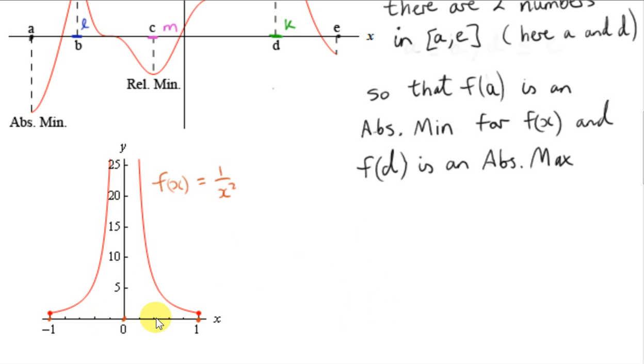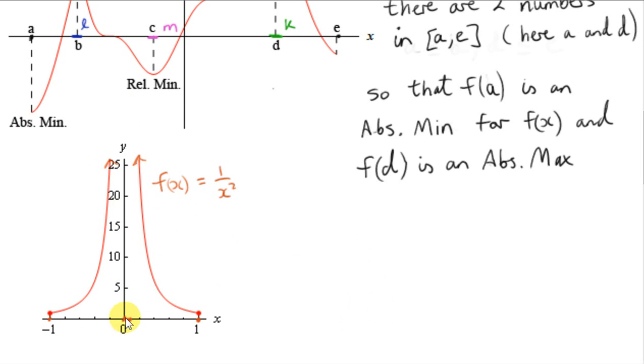And indeed, there is no value of x that gives an absolute maximum for this function. Well, you might say that at x equals 0 we have an absolute maximum, but actually we don't, because the function never crosses this y-axis. We can get very, very close to 0 and evaluate this function, but we can always find a point that's even closer to 0, such that f of it is greater still.